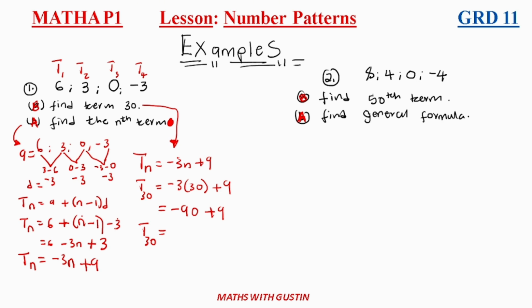If you have a question or a comment, please leave it in the comment section below. The answer here is -81. And that's how you would deal with a question like this one on arithmetic.